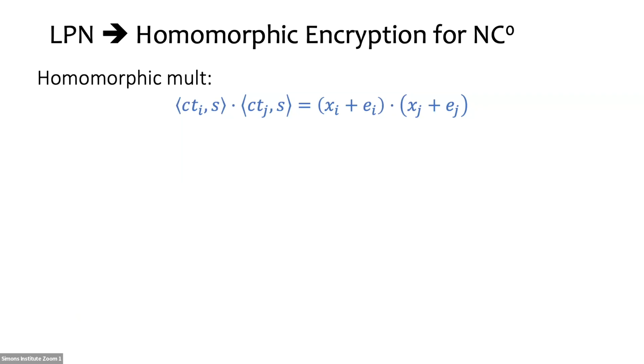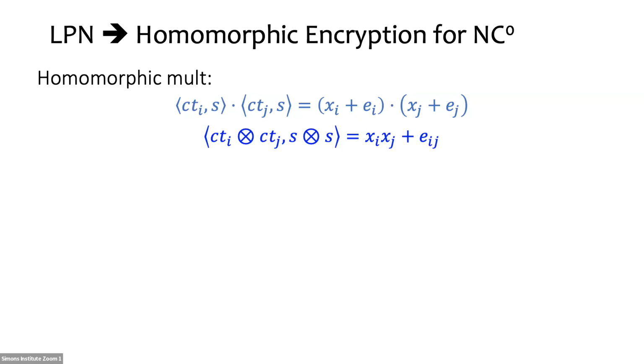The nice part of approximate linear decryption is that it immediately affords limited homomorphic evaluation. Why? Because if I simply multiply the decryption equations and rewrite the decryption equation as the inner product of the tensoring of the ciphertext vector with the degree 2 monomials over the secret vector S, this will give me xi xj, the product, plus some noise.